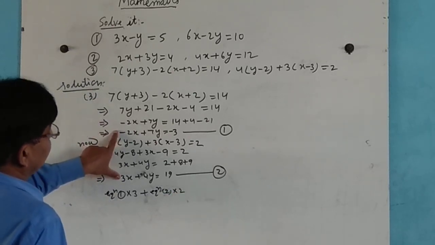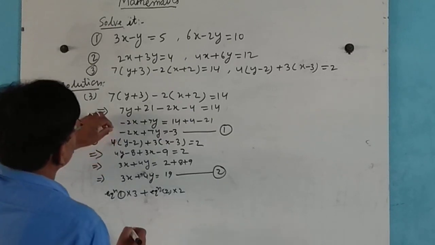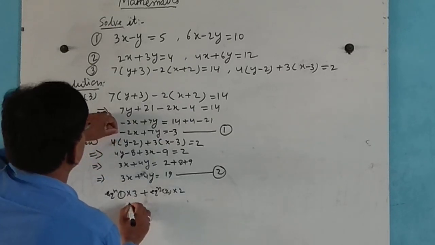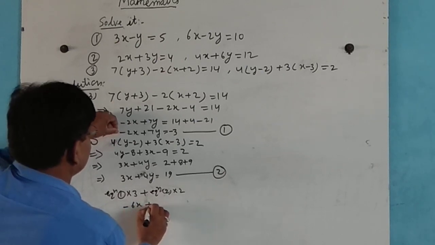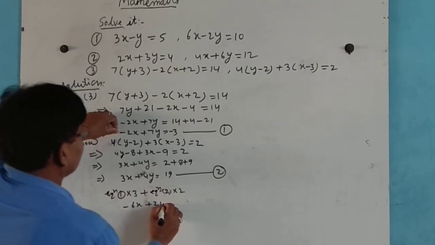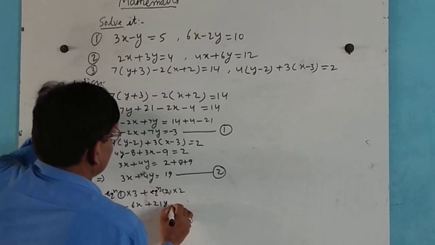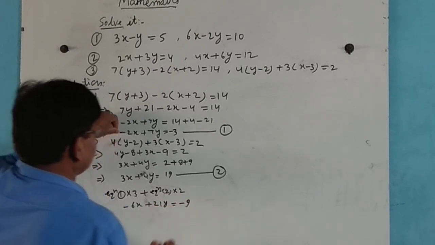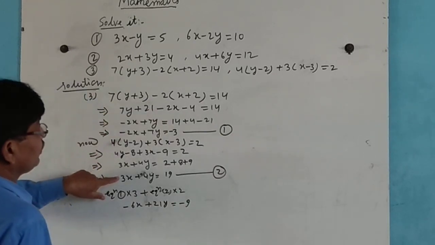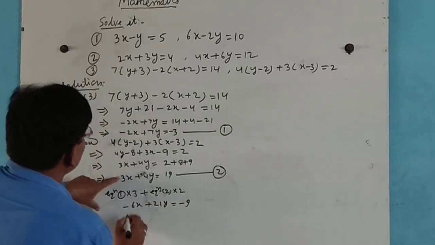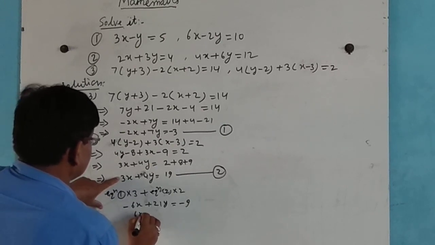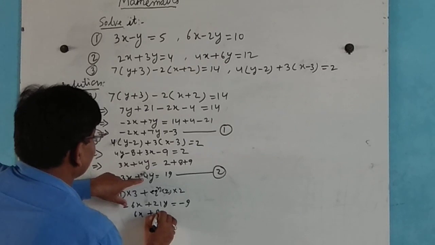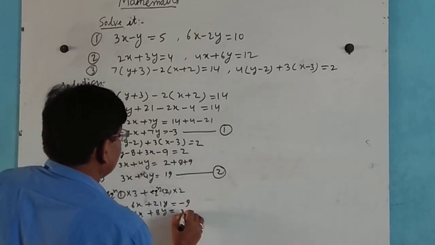If both are added, then one term is cancelled. Multiplying by 3: minus 3 times 2 is minus 6x plus 3 times 7 is 21y equal to 3 times minus 3, minus 9. In this equation, we multiply by 2: 2 times 3 is 6x, 2 times 4 is 8y equal to 38.